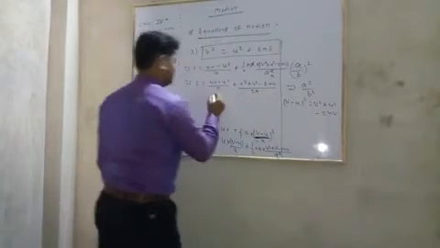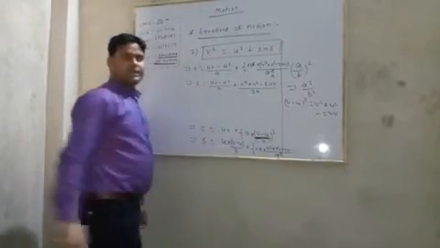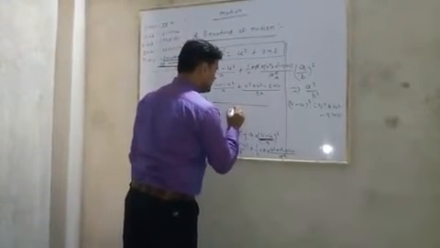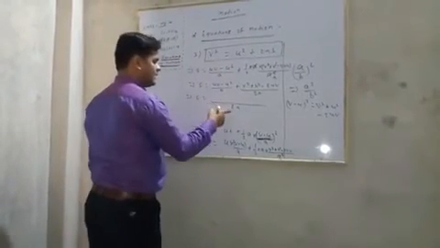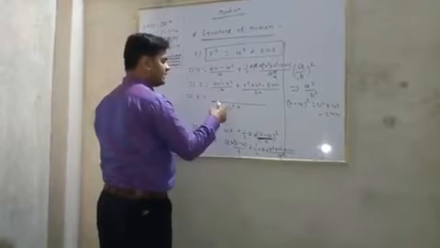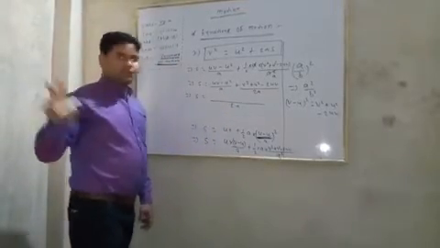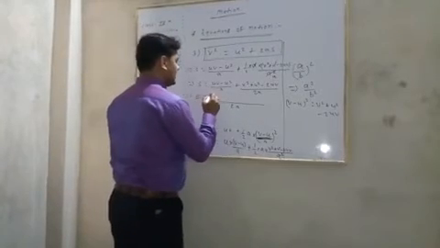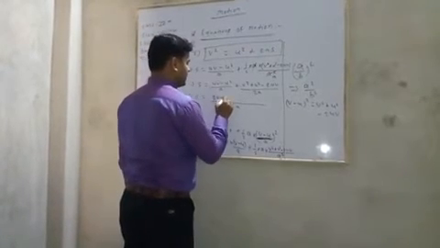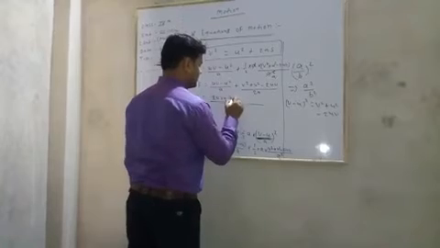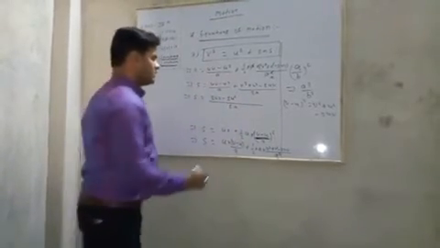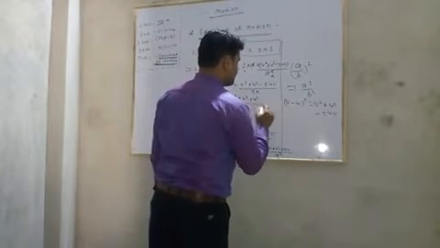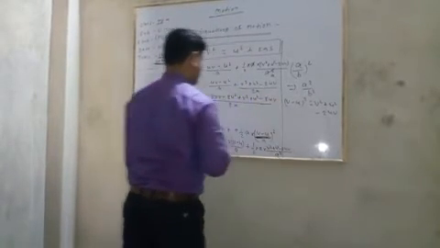We will take the LCM of a and 2a. The LCM will be 2a. 2a divided by a, the result will be 2, and 2 will be multiplied on the numerator. Then 2uv minus 2u square, plus v square plus u square minus 2uv.